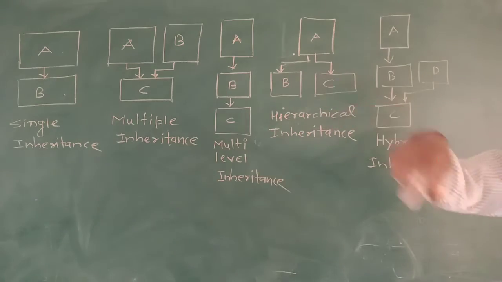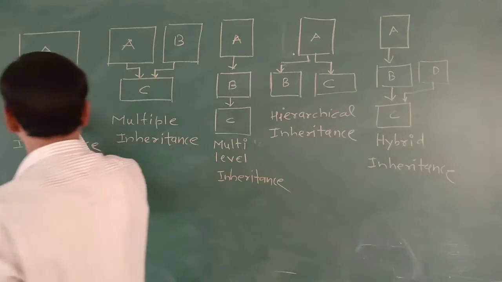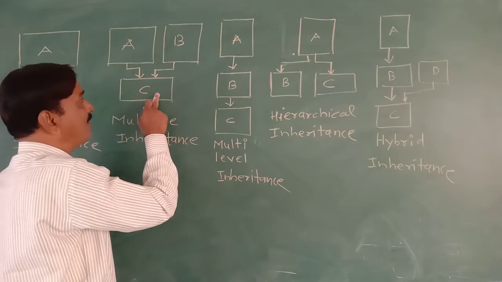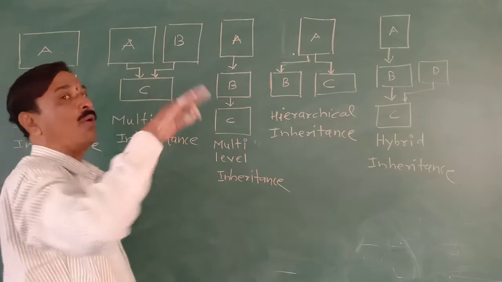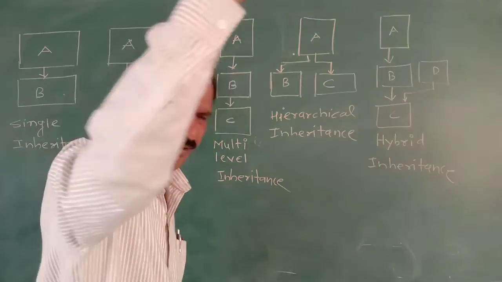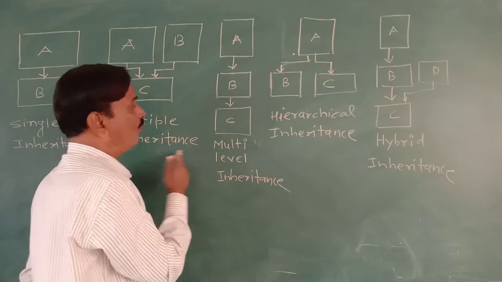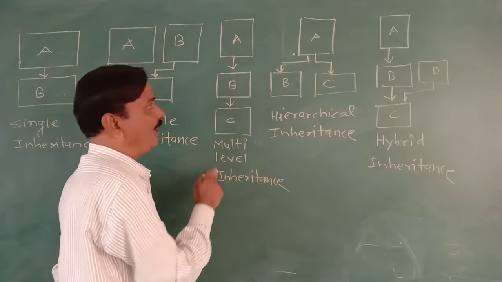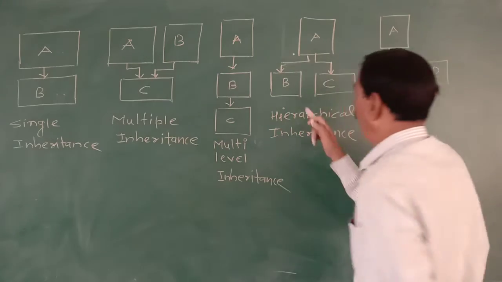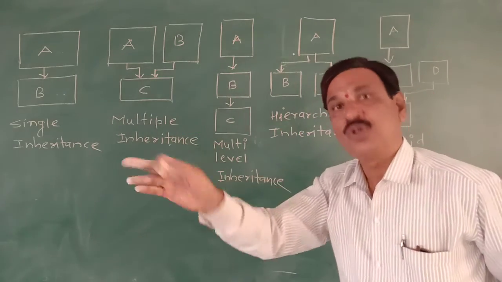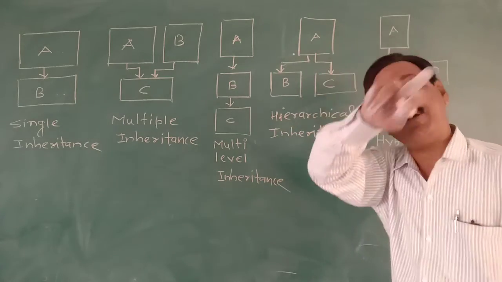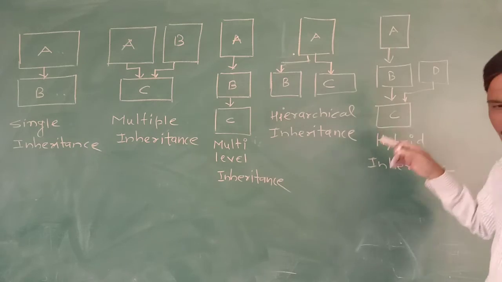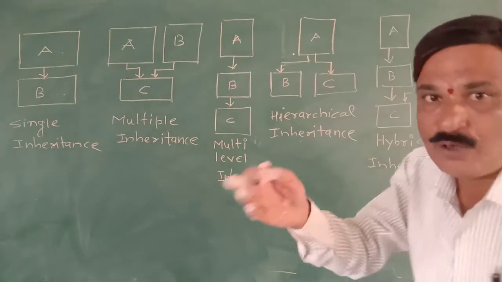Now you see, a class can be derived from a single base class, single inheritance. A class can be derived from several base classes, not two, several, multiple inheritance. A class is derived from an already derived class, multi-level inheritance. Two or more classes, several classes, are derived from a single base class, hierarchical inheritance. And here, two or more types of inheritance are involved.